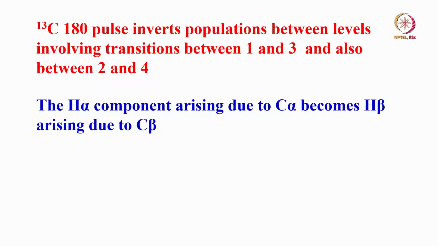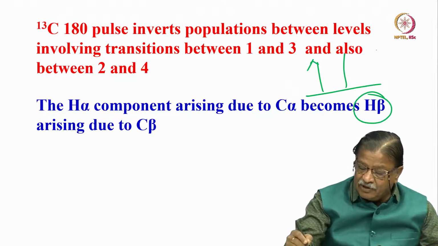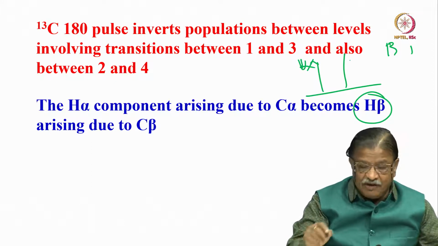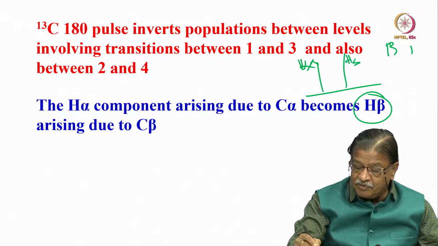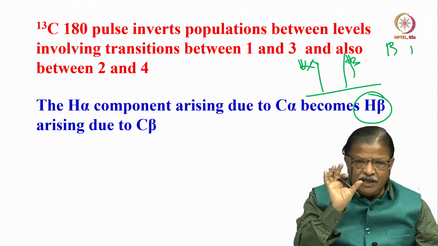The H alpha component arranged into C alpha now becomes H beta. Remember H alpha and H beta: if you consider the doublet of carbon 13, one component corresponds to carbon 13 seeing the proton in the alpha state, and the other sees the proton in the beta state. That was the doublet before applying the 180 pulse.